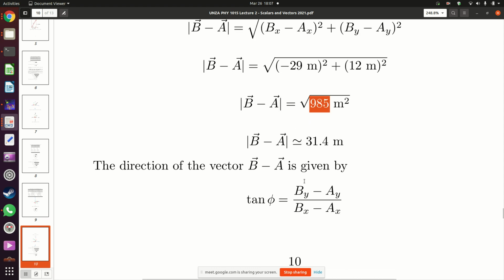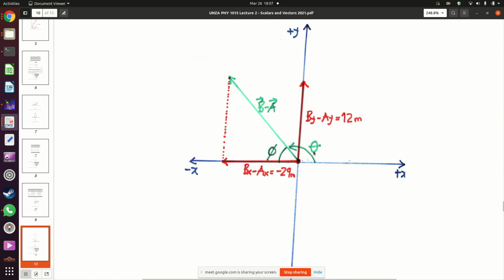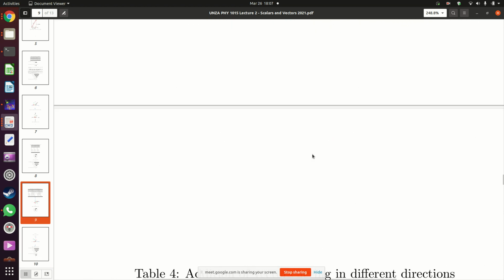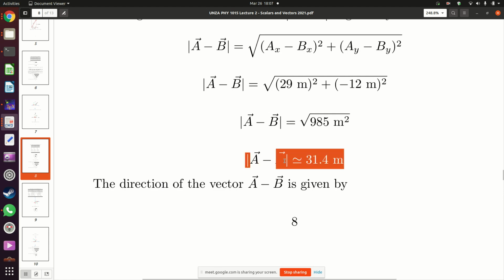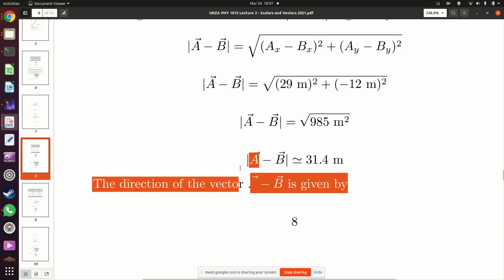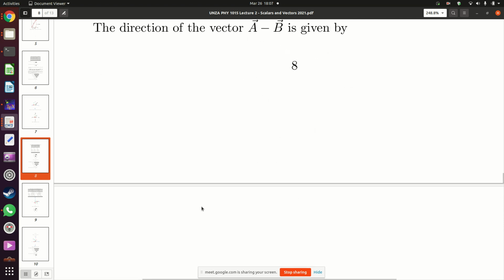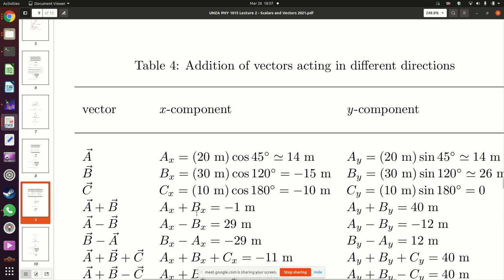Then you square root that, and we get 31.4 meters. So b minus a has a size of 31.4 meters. A minus b also has a size of 31.4 meters. So these two vectors, a minus b and b minus a, have the same size.